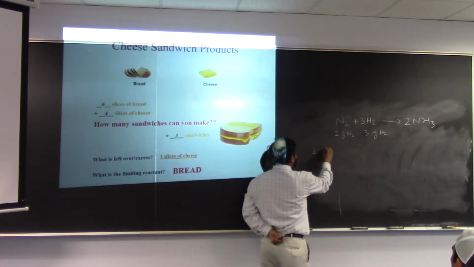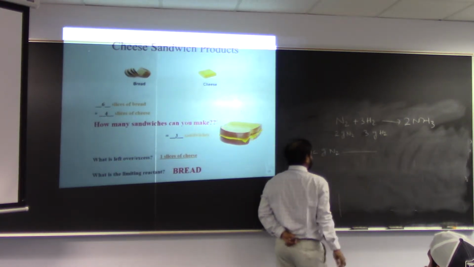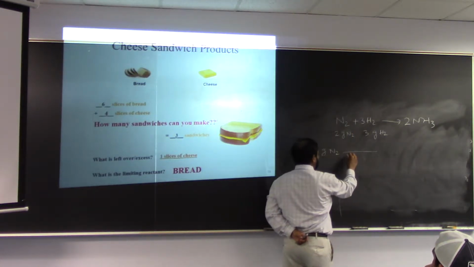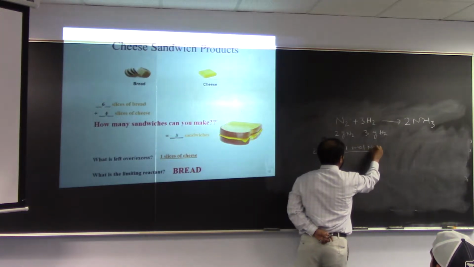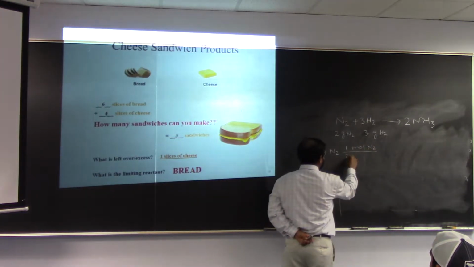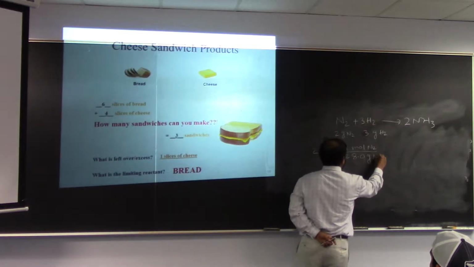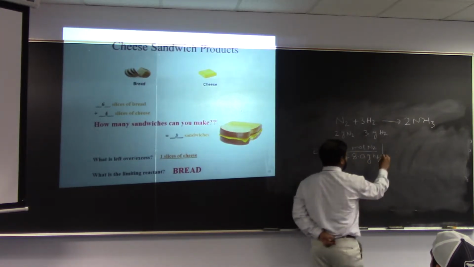So 2 gram of nitrogen, and then gram, you always go to the mole of nitrogen. So 1 mole of nitrogen equals, we did that today, 28.0 gram of nitrogen. And then you can use bar as well.